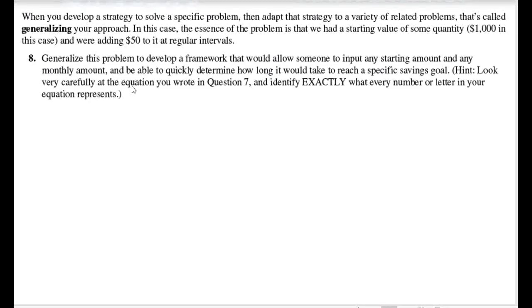Okay, now that you've looked at question 8, I'm going to identify the quantities. So my $1,000, I'm going to call that S. And I'm going to say S equals the initial deposit.